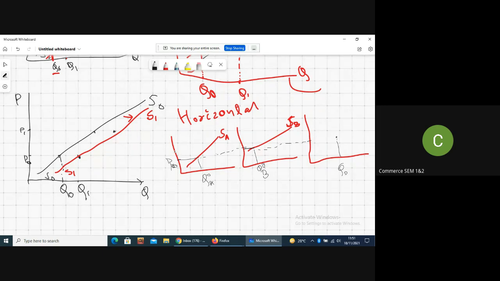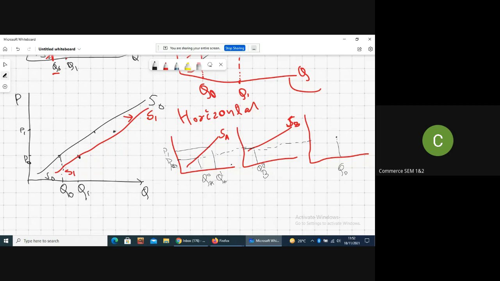Similarly, you can take any other price, P1. At this price, this distance is the production of seller A, so call it Q1A.